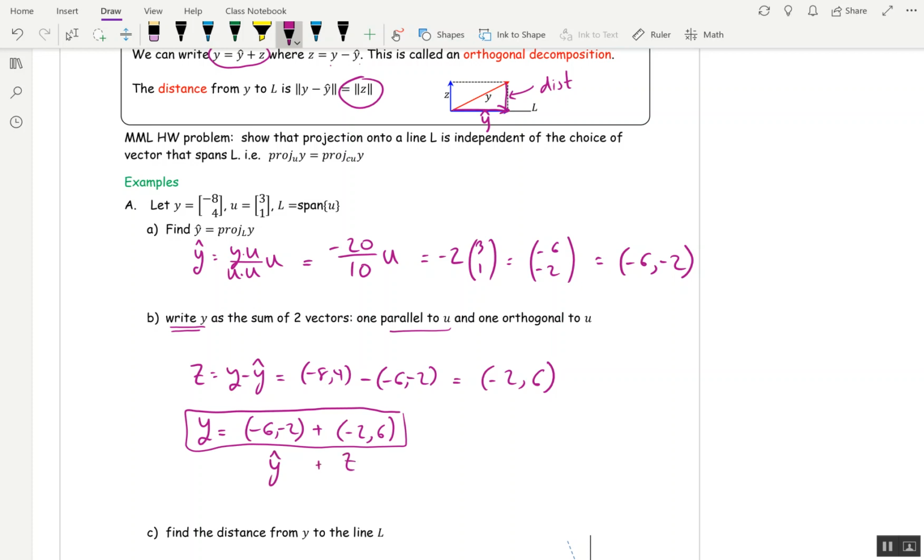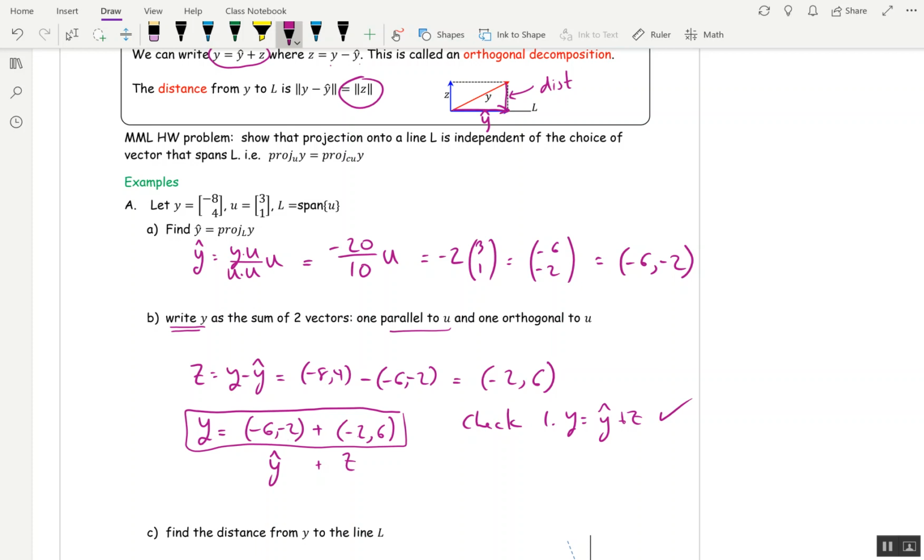Now, there's a safety check you can do. Check. All right, so first, is y really y hat plus z? Add these two vectors together and see if you get y, which was -8, 4. So when we add those two vectors, we get -8, -2 plus 6 is 4, yes. All right, and then the second safety check is that y hat and z are supposed to be perpendicular.